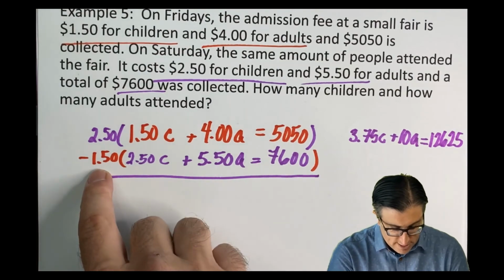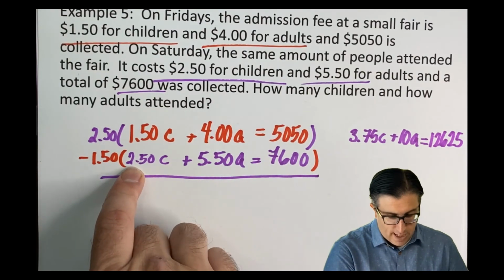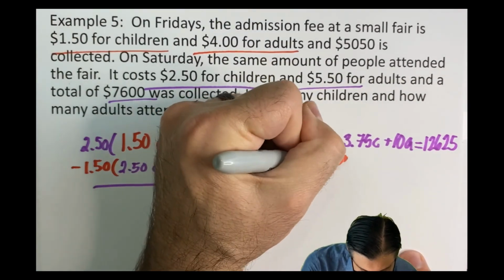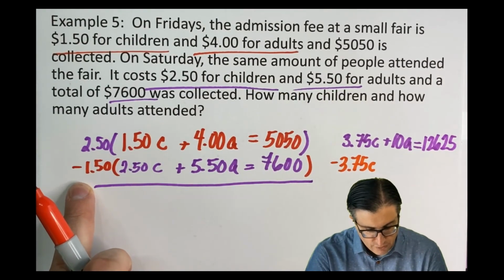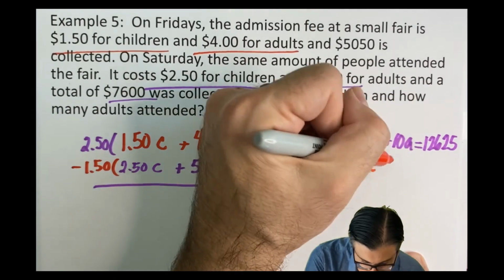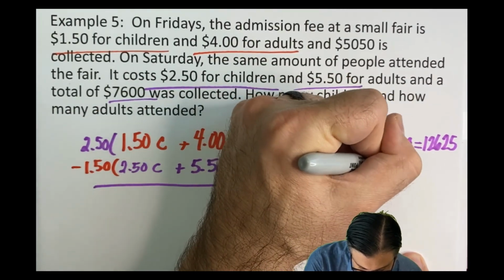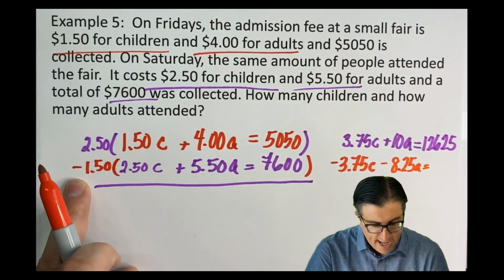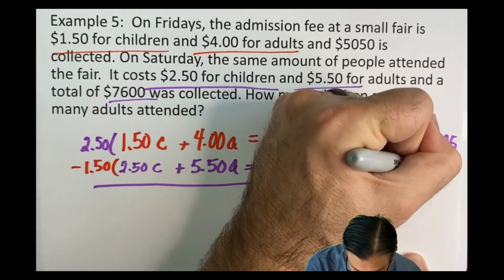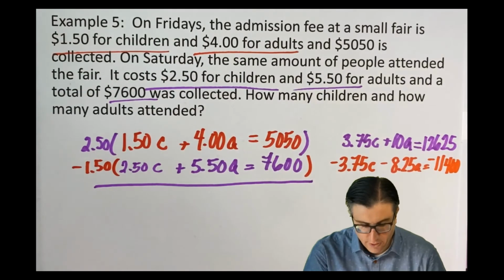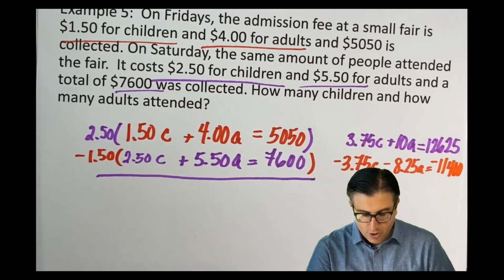I'm now going to multiply this negative $1.50 times 2.50. That gives me negative 3.75C. Negative $1.50 times 5.50 is negative 8.25A. And negative $1.50 times 7,600 is negative 11,400. I'm now going to add up these equations.